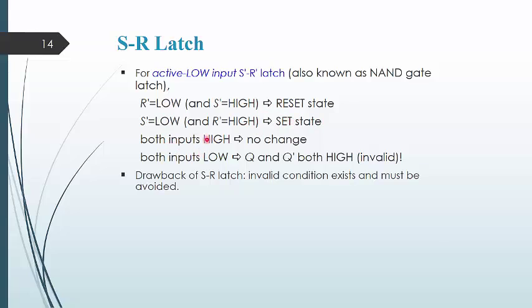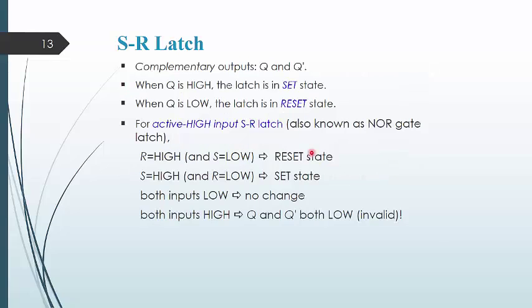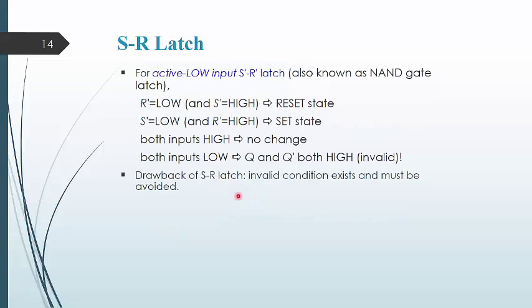Now when both the inputs are high, it indicates no change, while in the earlier case, when both the inputs were low, there was no change. Similarly, when both the inputs are low in this S dash R dash latch, Q and Q dash will both be invalid, or they will be high.